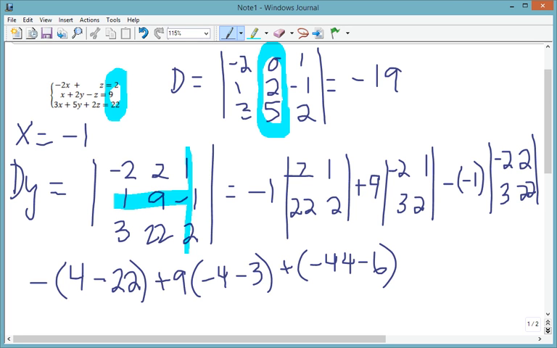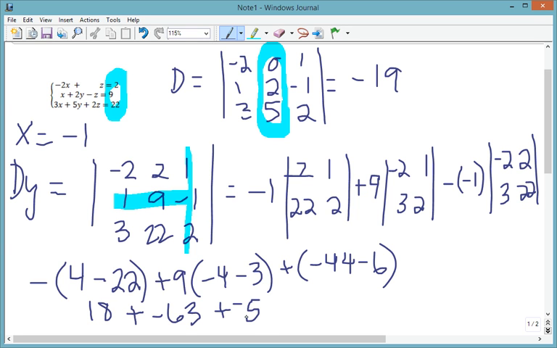minus 6. Okay, so that's going to be negative, well, negative 18, but it's positive, so that's going to be positive 18. So a negative, negative. Plus, now this is going to be negative 7 times 9 will be negative 63. And plus negative 50.